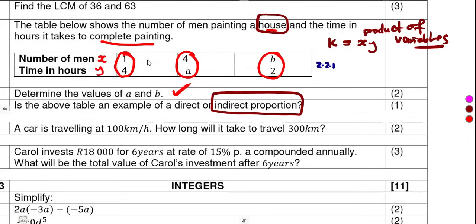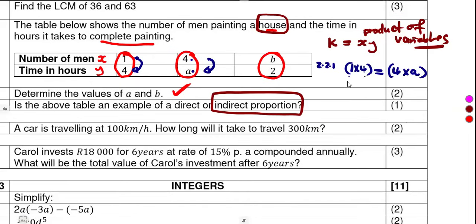You multiply these two, X times Y. 1 times 4 is equal to... When we say it is equal, guys, it means throughout, if I use these two, I must get the same answer if I use these two. So I'm going to use 4 times a. So it must be equal to 4 times a. It's an equation, guys. We have formed an equation where we can solve for a.